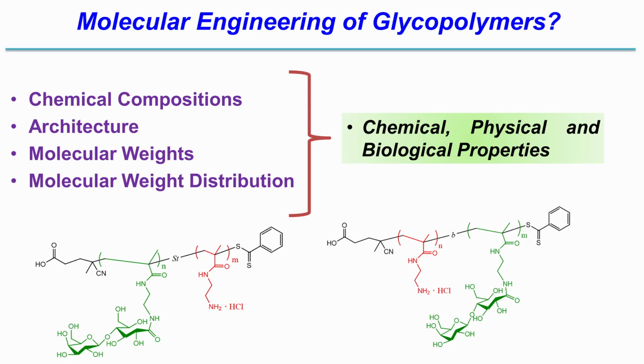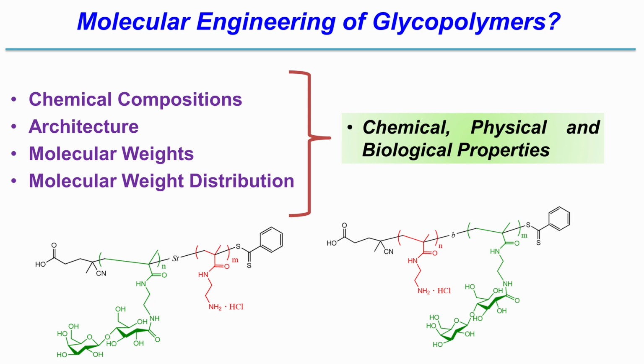Like I said, my work is really on the molecular engineering of polymers. We are interested in making the material, okay? As you can see in the example here, we have a polymer which is a carbon-carbon backbone, and we have the sugars as a pendant group.